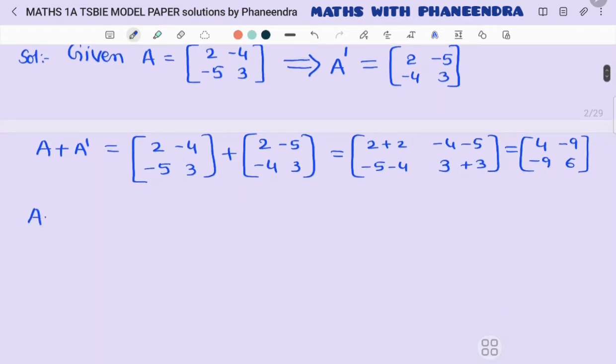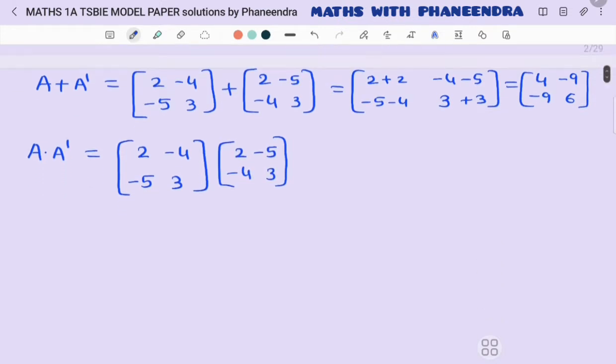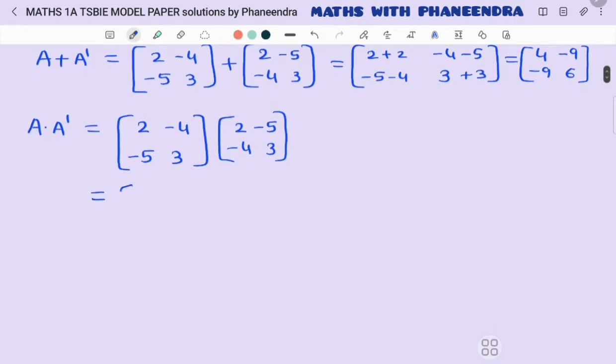Next, A into A dash, they are asking. A value is [2, -4; -5, 3] into A dash, the transpose of the matrix, [2, -5; -4, 3]. We know how to multiply these. 2 into 2 is 4 plus 16, 2 into minus 5 is minus 10, minus 4 into 3 is minus 12.